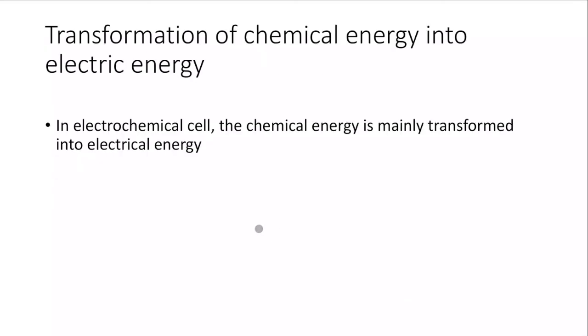Now the last idea, as we've mentioned before: in galvanic cells, chemical energy is being transformed into electric energy. In the previous videos we conducted several experiments concerning oxidation-reduction reactions, where electrons are transferred from one reactant to another.